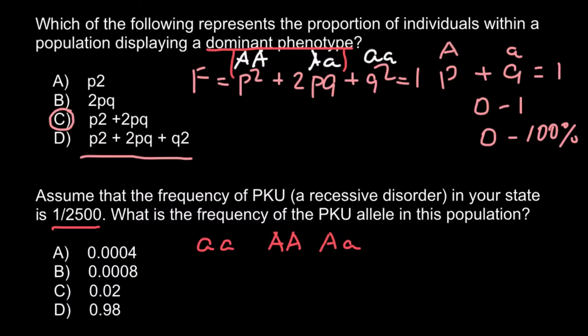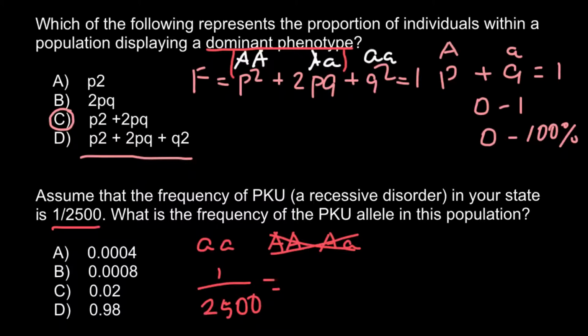So we are not interested in these two genotypes here. We have to find the frequency of this genotype, small a, small a. So we have to divide 1 by 2,500, and we are going to find an answer in decimal form for the frequency of this genotype.